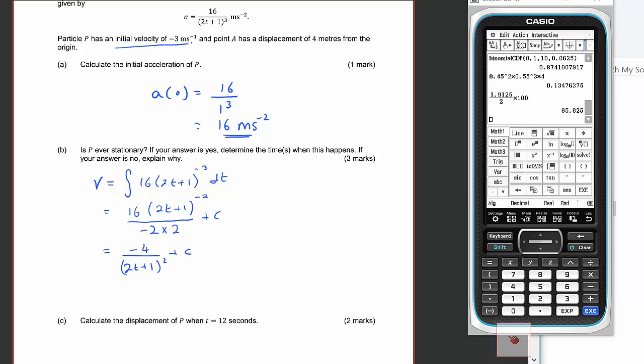Initial velocity is -3, so -3 is going to be -4 plus c, giving us c is equal to 1. So that gives us that v is 1 take away 4 over (2t plus 1) all squared.